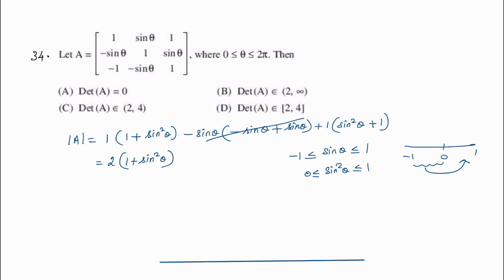Let us add 1 throughout. 0 plus 1, 1 plus sine square theta, 1 plus 1 is 2. Now to get this 2, we will multiply throughout by 2. 2 less than or equal to 2 times 1 plus sine square theta less than or equal to 2 2s are 4. Now this is our determinant value A. Therefore, it is a closed interval 2 to 4. D is the correct option.